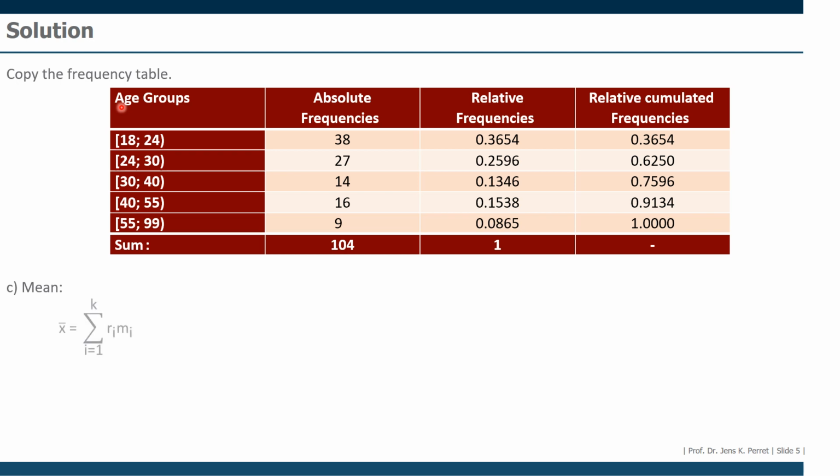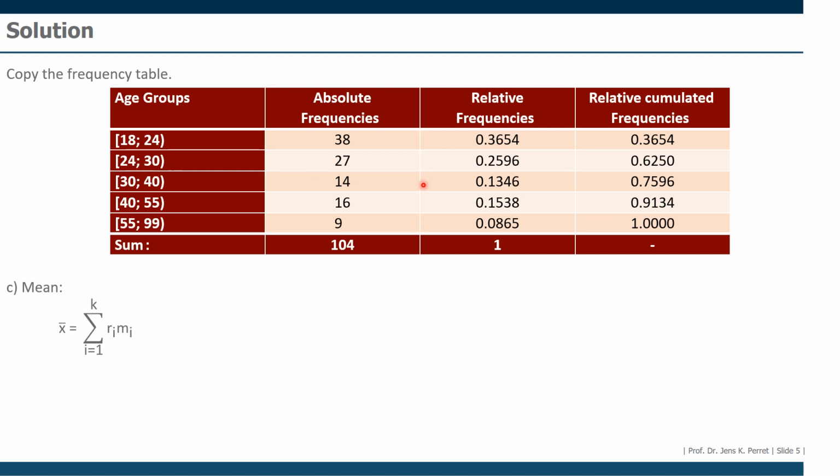Once we have these group means, that's the m_i here, we're just going to multiply them with the relative frequencies. So group mean, the value in the middle here, which is a result of 18 plus 24 by 2, times this relative frequency.